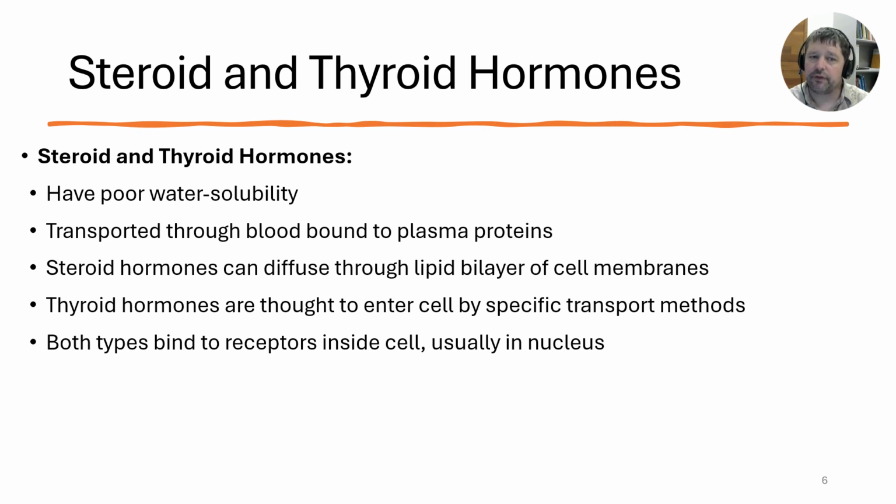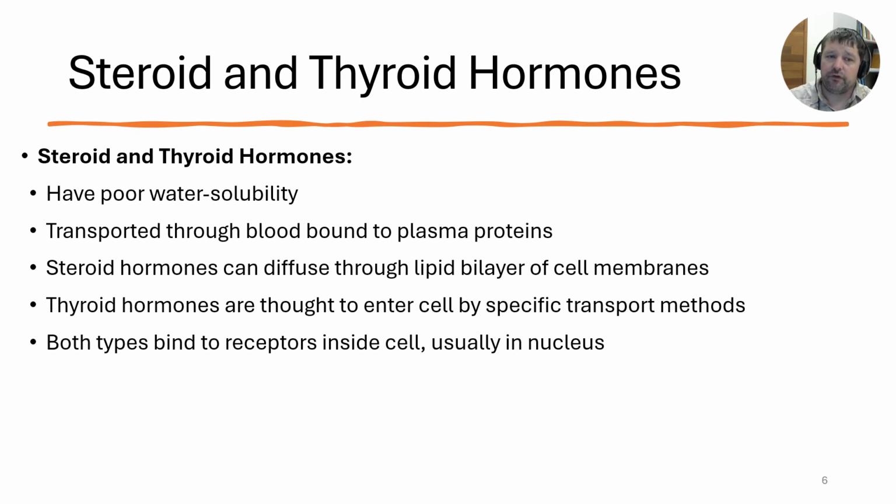In both cases, though, steroid and thyroid, they're going to bind to receptors inside the cell, and that normally has to do with the nucleus, because both of these are going to entice messenger RNA strands to be made. So certain strands of DNA are going to be copied into messenger RNA, and that's transcription, and then later on they're going to be translated into some type of protein.